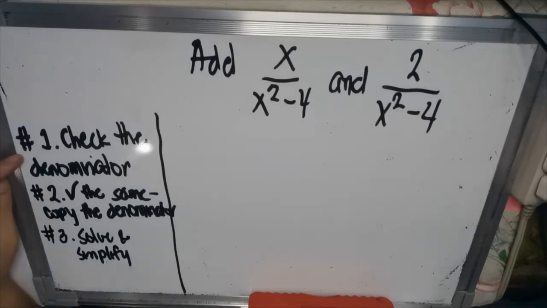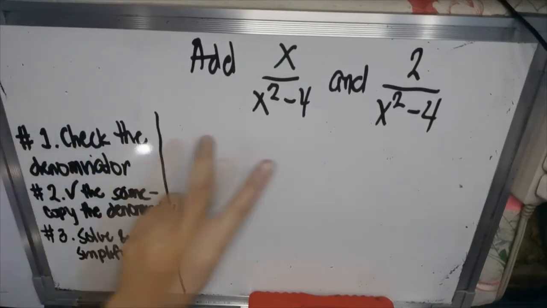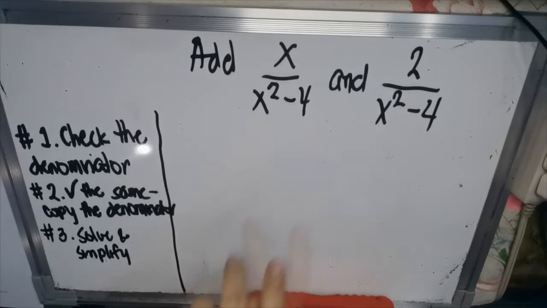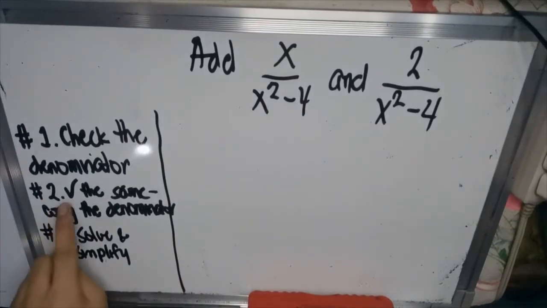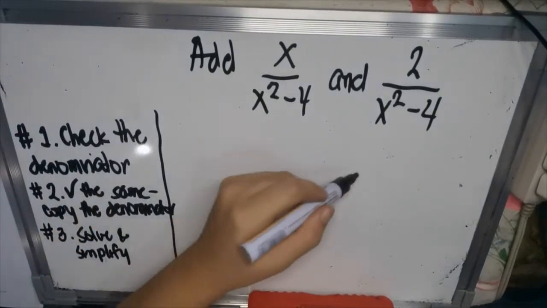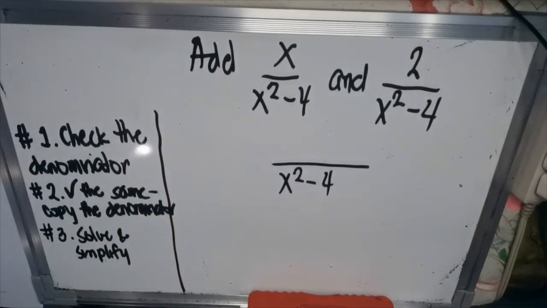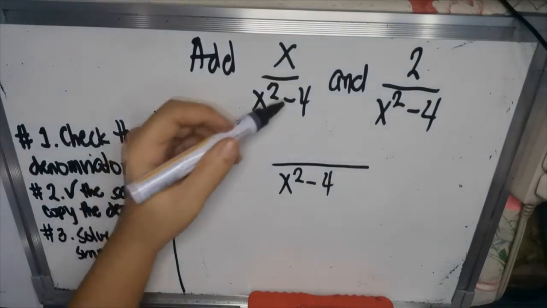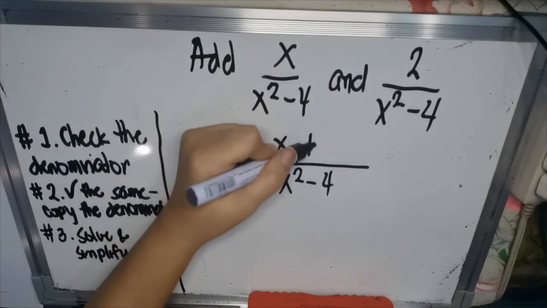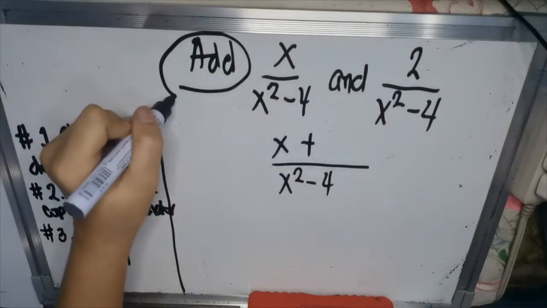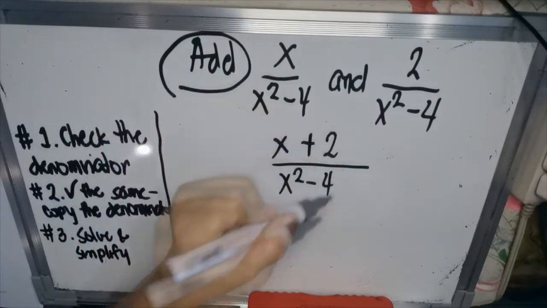Again, balik tayo sa rules. Number 1, check the denominator. Parehas ba? Yes po, parehas. Step 2, if they are the same, copy the denominator. So, we have here x squared minus 4. Next, we may now proceed sa addition ng ating numerator. So, that would be x plus, since that is add, x plus 2.